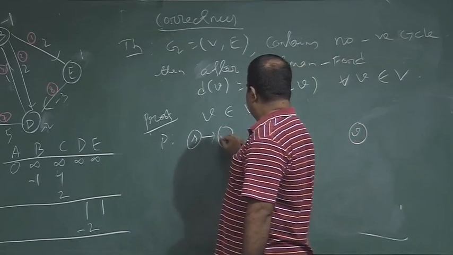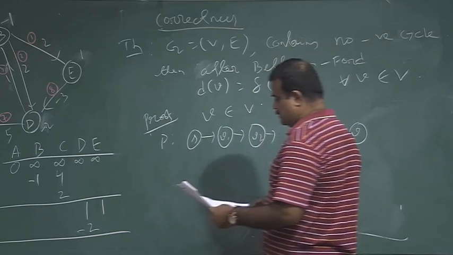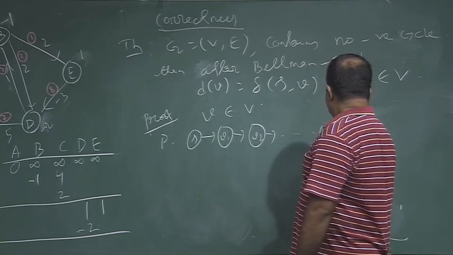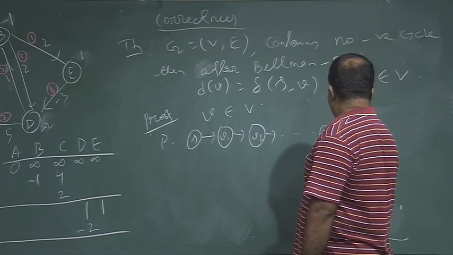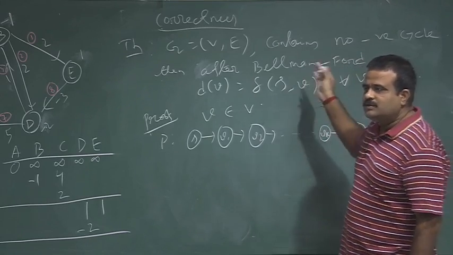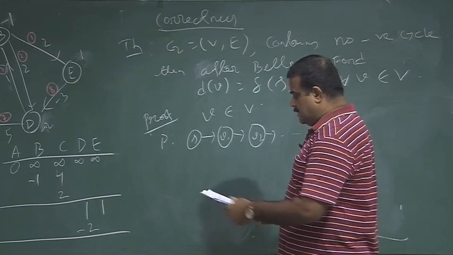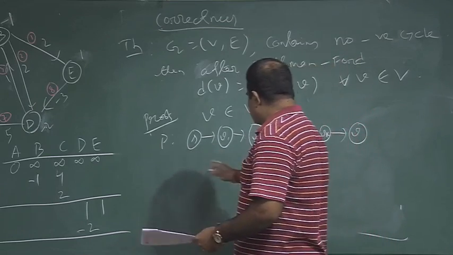Suppose this is v1, v2, dot dot dot vk, a simple path from S to v. And since there is no negative cycle, this is a shortest path.